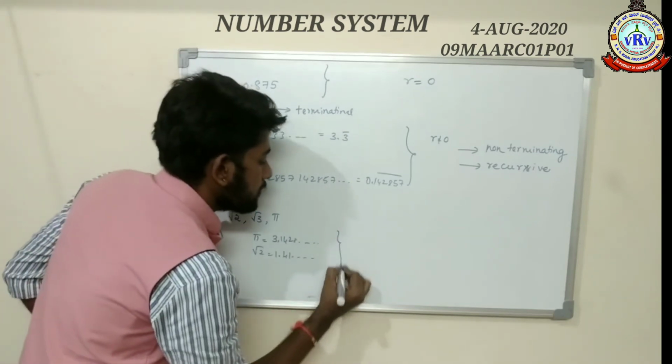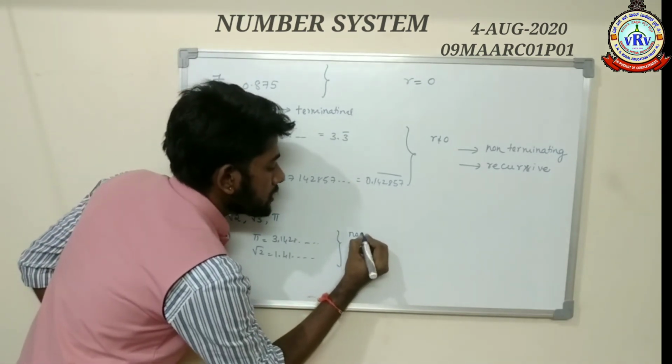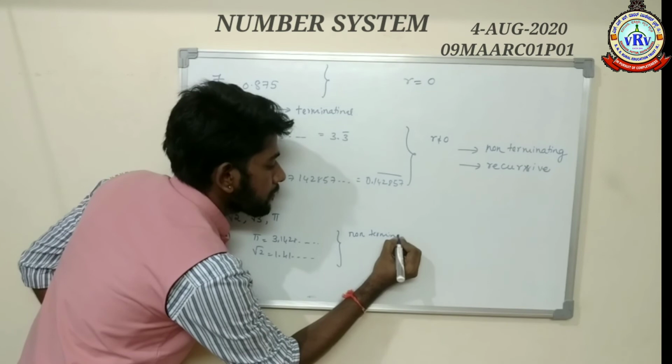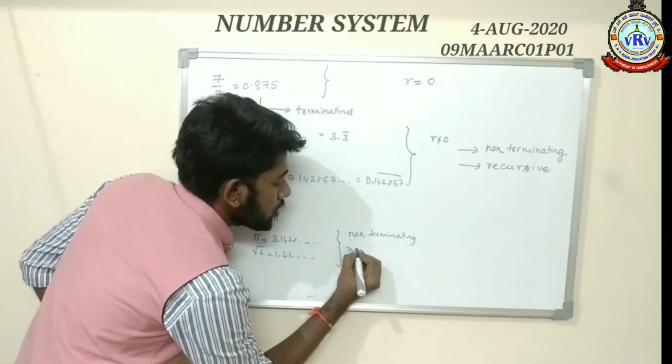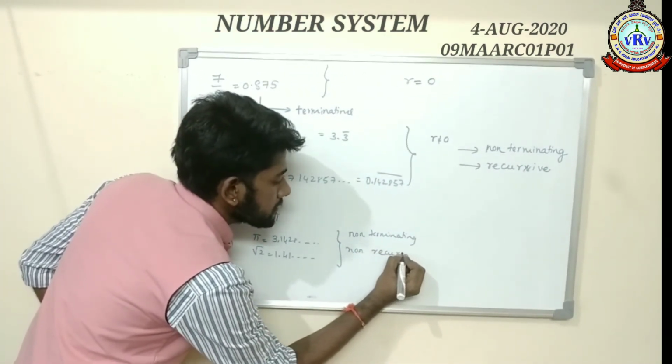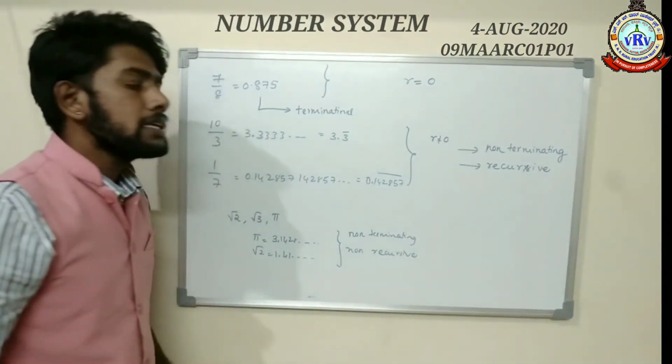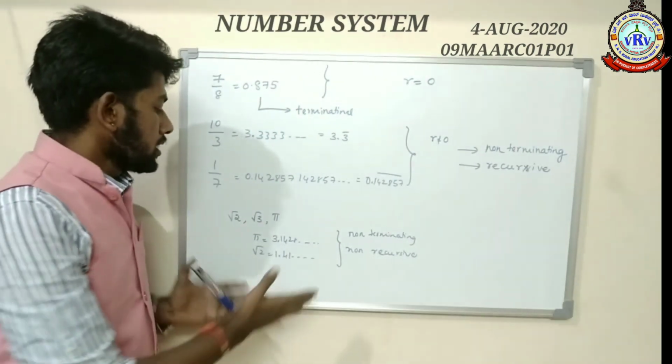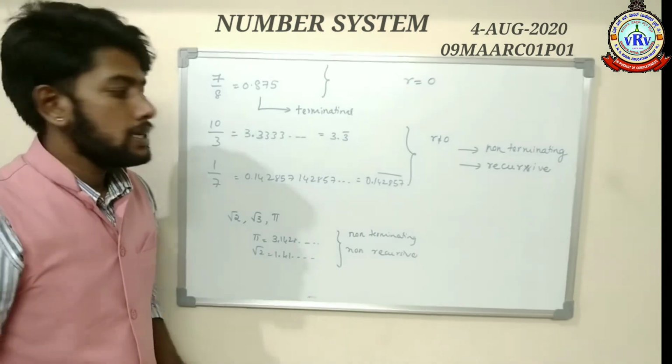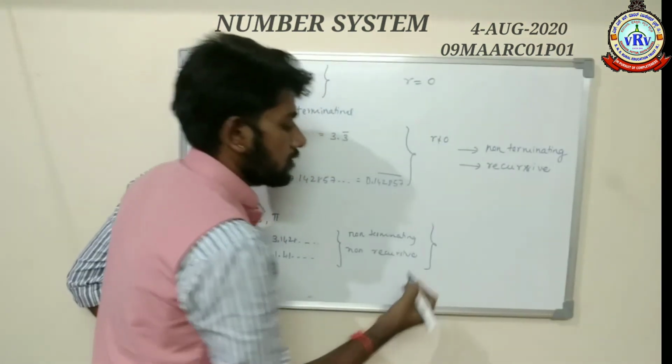So these numbers are non-terminating and non-recursive. Such a number is not a rational number.